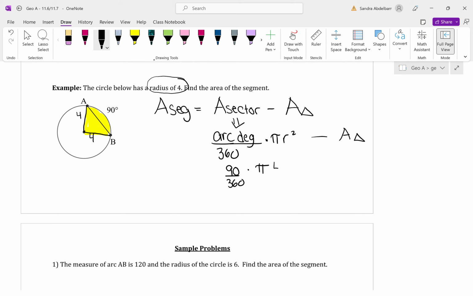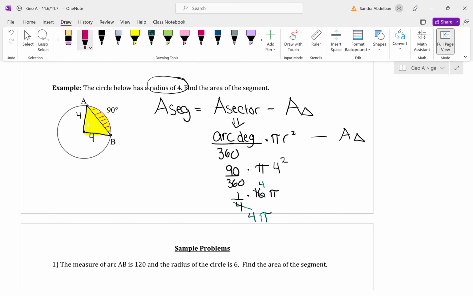So times pi 4 squared. So we are 1/4 times 16 pi. I'm going to cross simplify these. So the area of the sector is 4 pi. That is not my answer for the area of the segment.